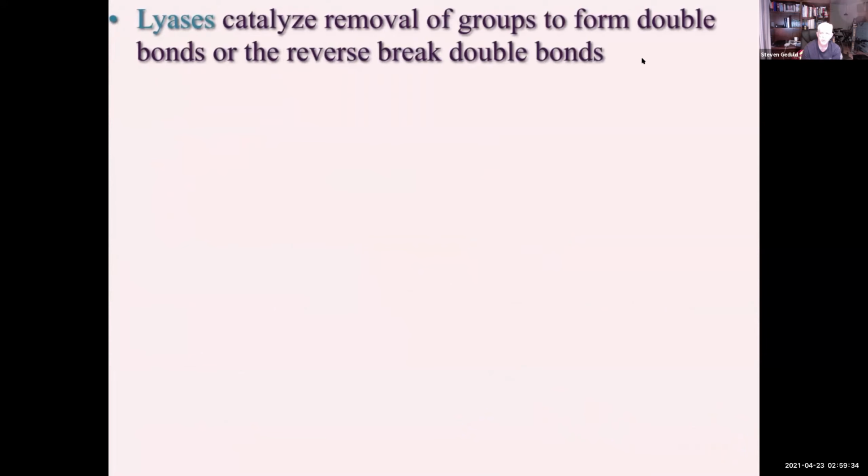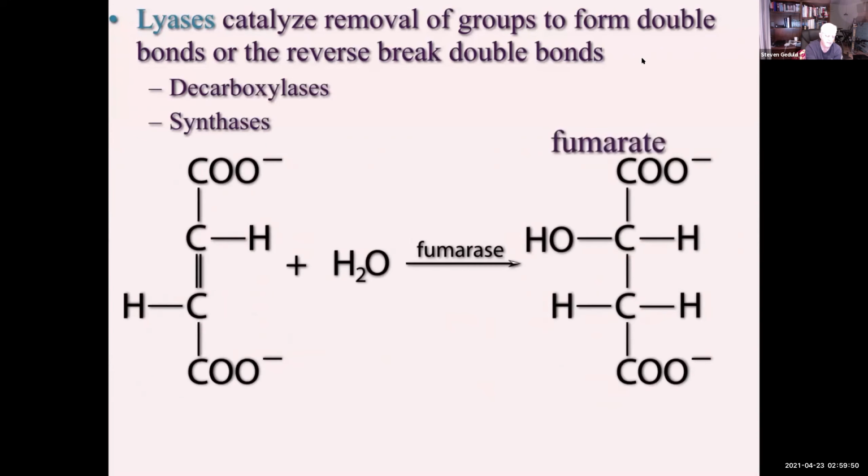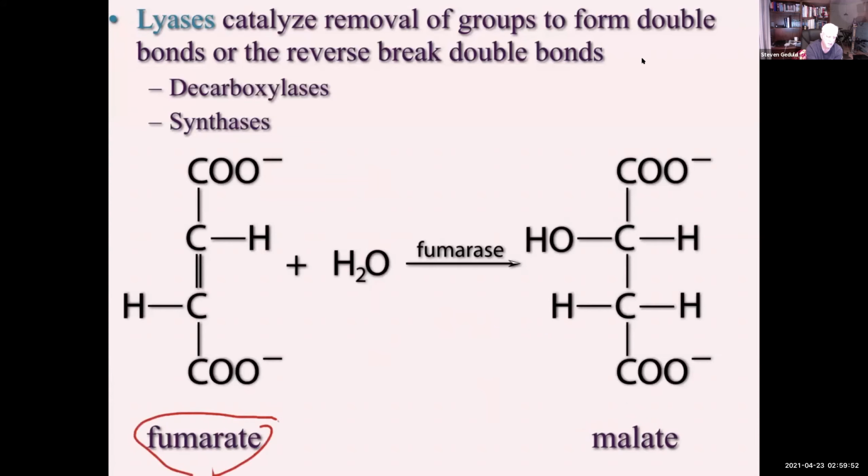Lyases catalyze removal of groups to form a double bond, or the reverse, break double bonds. Okay, so decarboxylases, synthases, you have a few right here. You can see where you have the carbon-carbon double bond, you have your carboxyl groups at both ends, and you're going to add water across this bond.